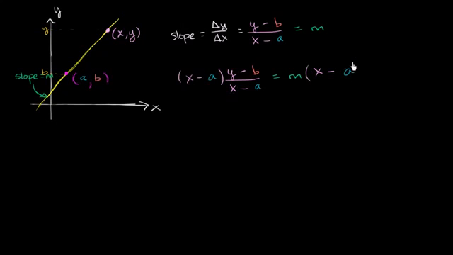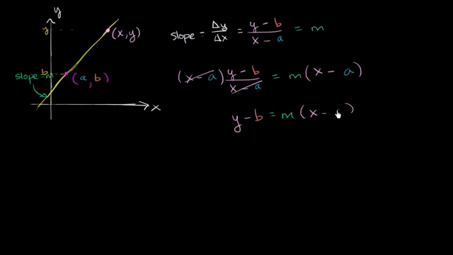So we're going to multiply both sides by x minus a. The whole point of that is you have x minus a divided by x minus a, which is just going to be equal to 1. And then on the right-hand side, you just have m times x minus a. So this whole thing has simplified to y minus b is equal to m times x minus a.